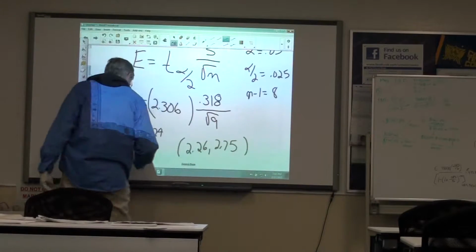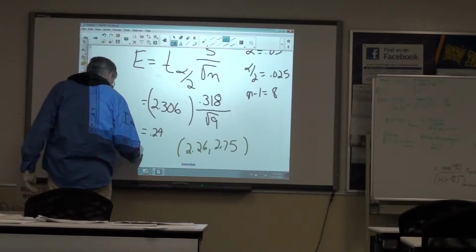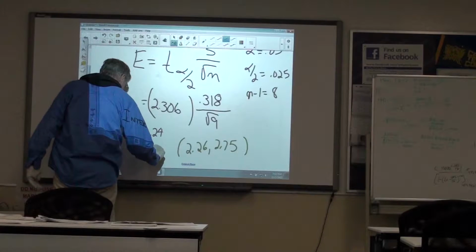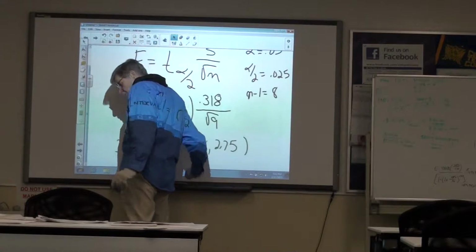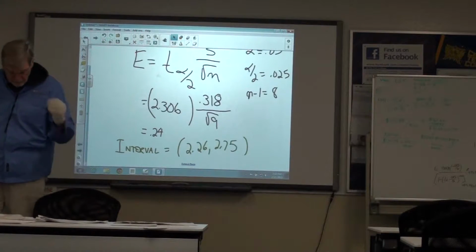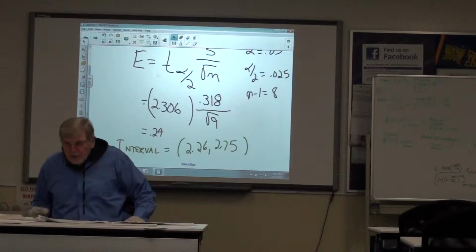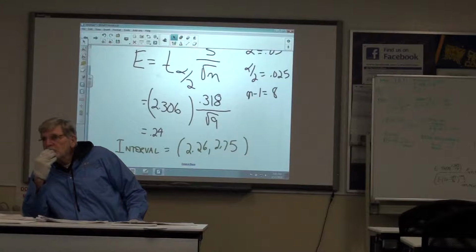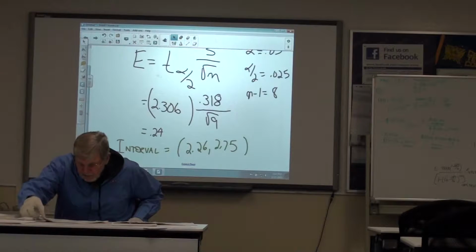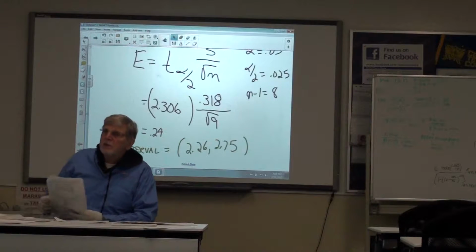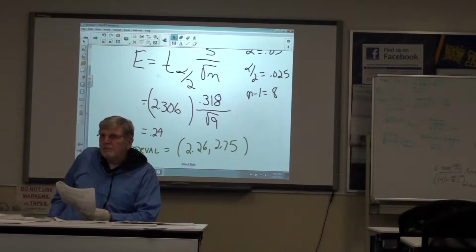Now, what does it mean to be 95% confident in this problem? It means that you're 95% confident that the mean of the population is contained in your interval, agreed?